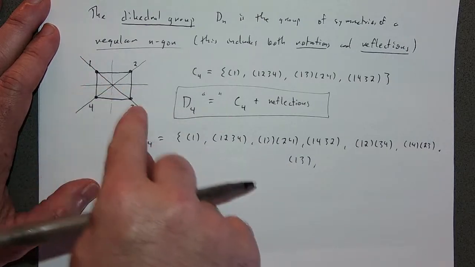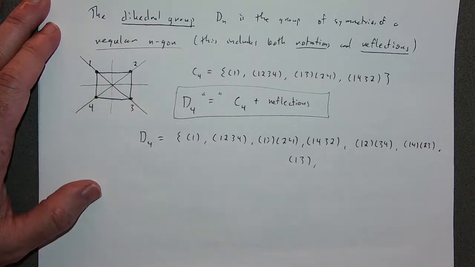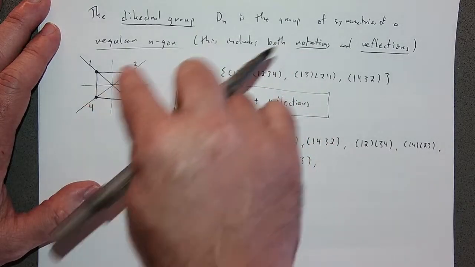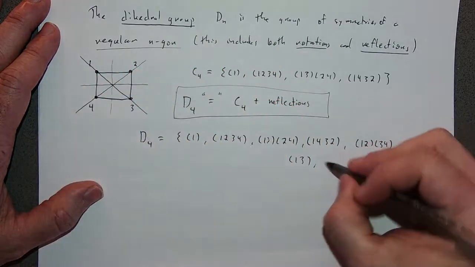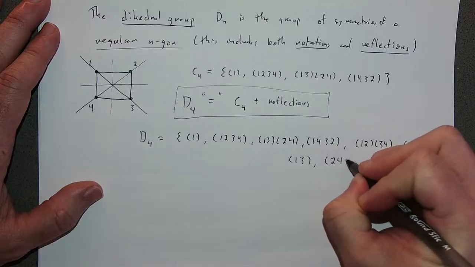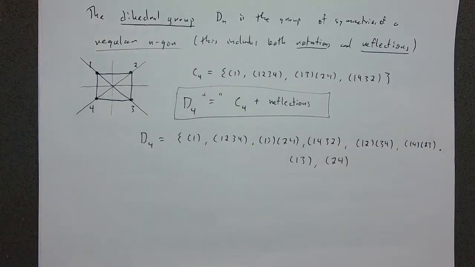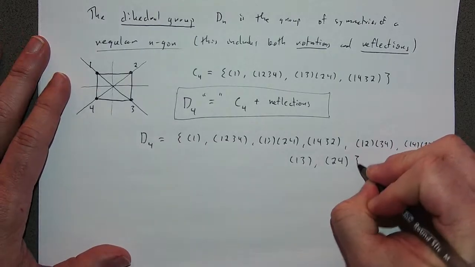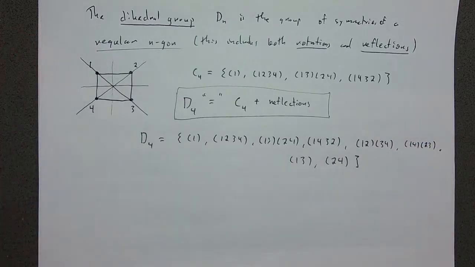Since the vertices 1 and 3 lie on this line, they are fixed by this reflection. So 2 goes to 4, 4 goes to 2, 1 and 3 are fixed. That is the other reflection, and it's the last thing that we have here.